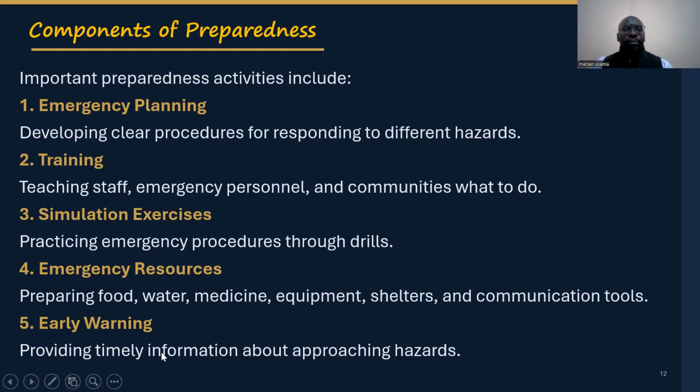Then early warning, providing timely information about approaching hazards. And this is very important. Many disasters normally cause a lot of losses. Why? Because people are not given the information. And that is the responsibility of the government. For example, if the rains are going to be heavy, the meteorological department has to give an alert to people through the media.